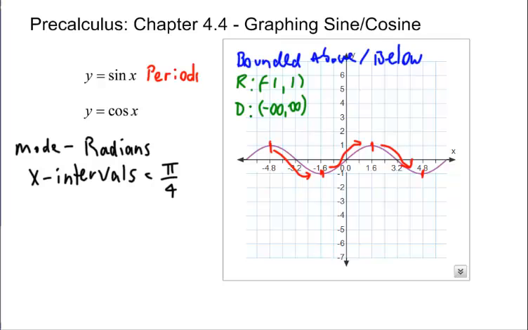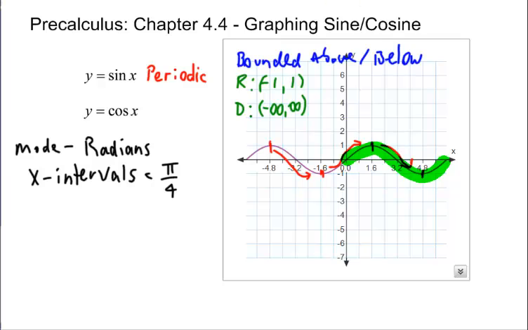This just means that after you go so far, it starts to repeat itself. If we start at 0 and trace it out with the highlighter, once you go from 0 to 2 pi, you start to repeat. That's one of the things that happens when you're looking at a sine curve.